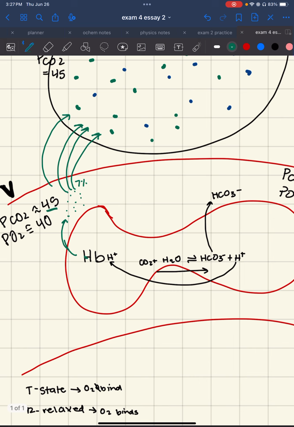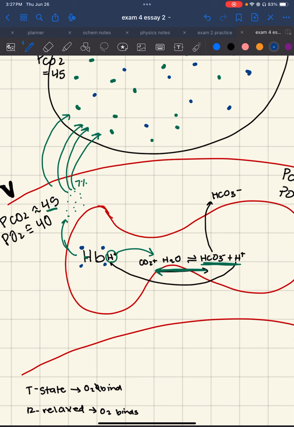The other thing that will happen is that this equation, as CO2 decreases, will shift back this way, right? So we're going to have less carbon dioxide, which will also unbind these hydrogens and they go away, which increases hemoglobin's affinity for oxygen. So now our oxygens are going to come and bind to hemoglobin, which is kind of cool because it helps us to know that there's more than just the hemoglobin getting close to the lungs and all of a sudden having an affinity for oxygen.